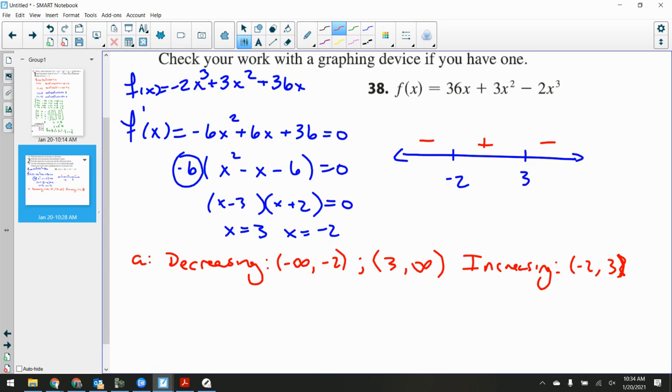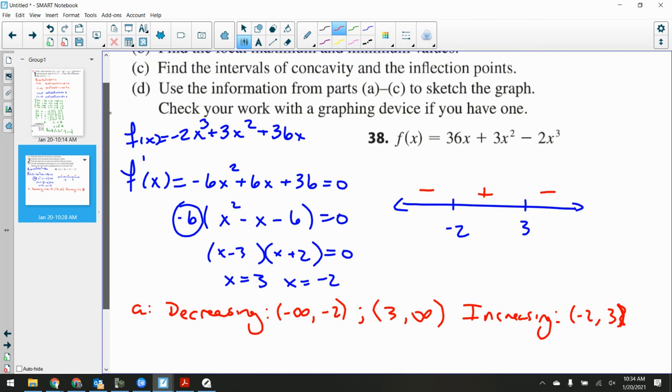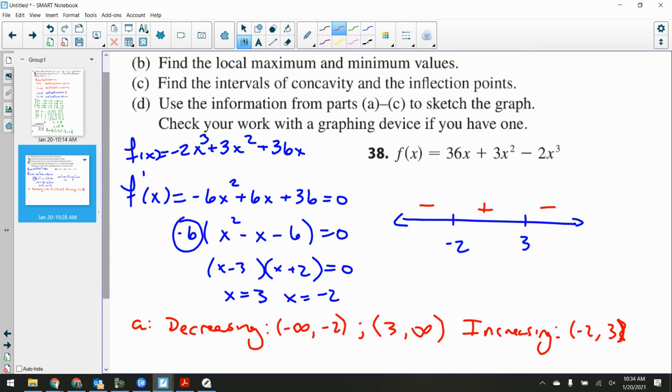Good there? Okay, now I have the option of taking a look at the second derivative test or using the ID test to figure out whether it's going to be a maximum or minimum point at those locations. Because I already have the number line written there, it's pretty easy to figure out using the ID test. Here, the function is decreasing, decreasing, decreasing, then increasing.